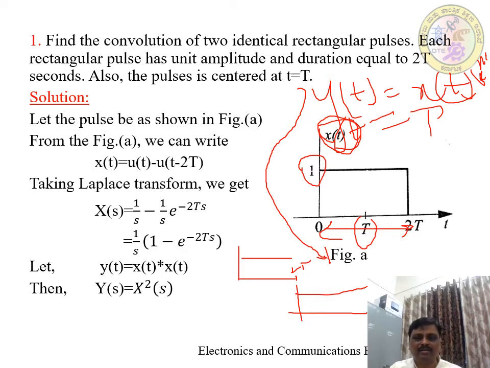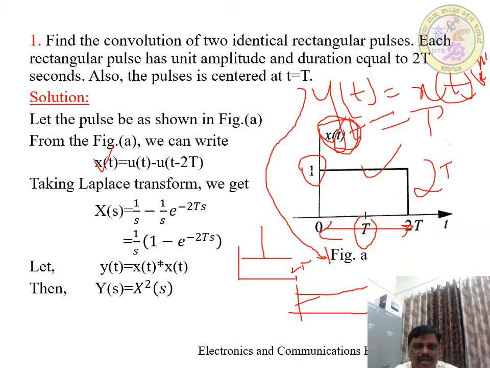This is u of t, and this is also u of t, but it is delayed by 2T. Therefore, when I do this minus this, we'll get this function x of t.